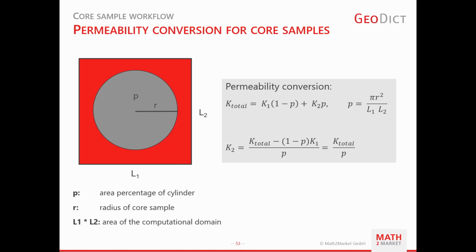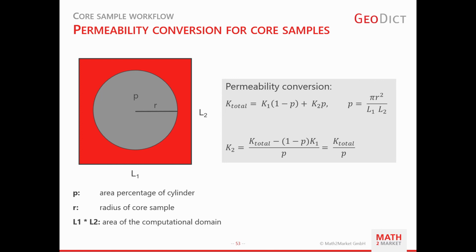If you compute the permeability for a core sample surrounded by a flow cell material, you must convert the resulting permeability. Basically, the computed permeability is the sum of the core permeability and the flow cell material permeability, both weighted by their volume fraction.